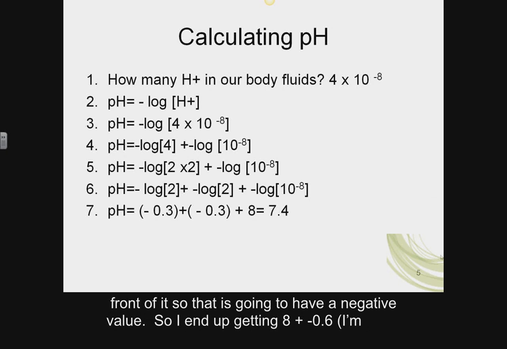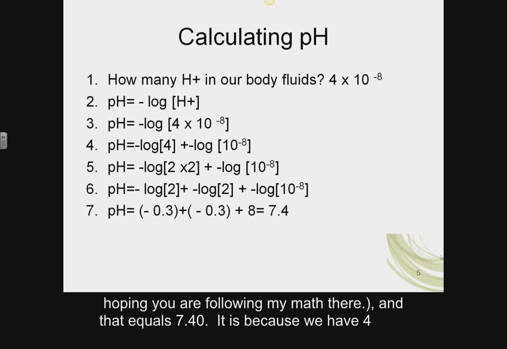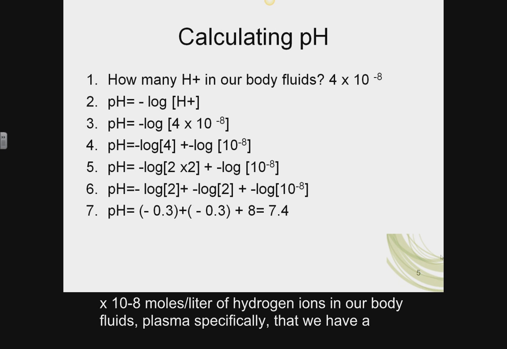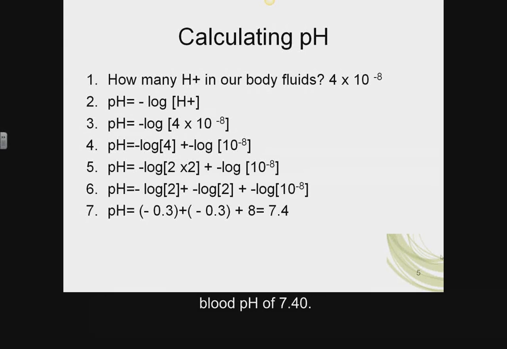In the end, I get 8 plus a negative 0.6. I'm hoping you're following my math here. And that equals 7.40. It is because we have 4 times 10 to the negative 8 moles per liter of hydrogen ions in our body fluids, plasma specifically, that we have a blood pH of 7.40.